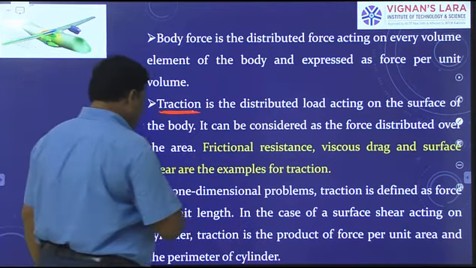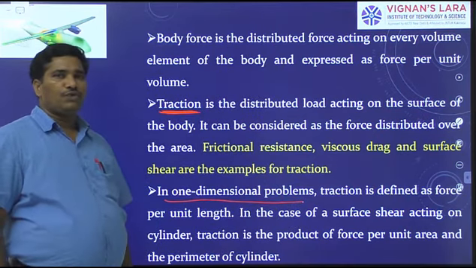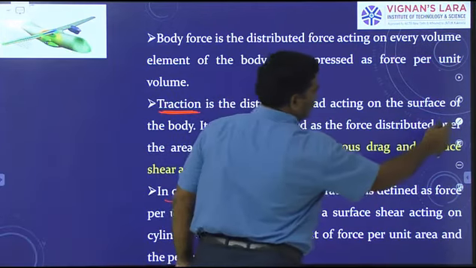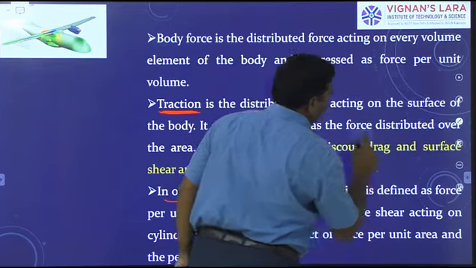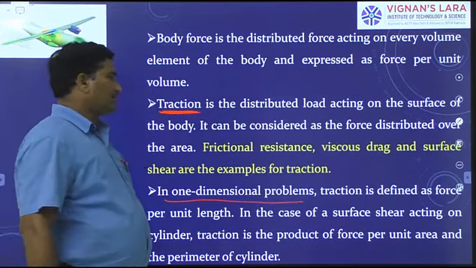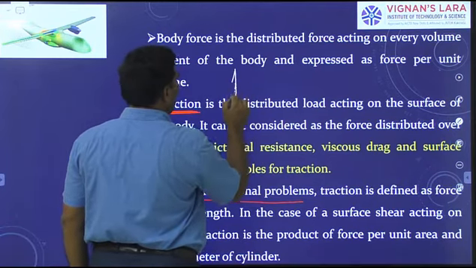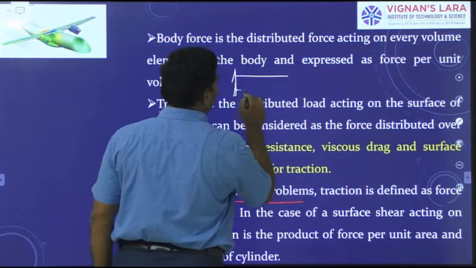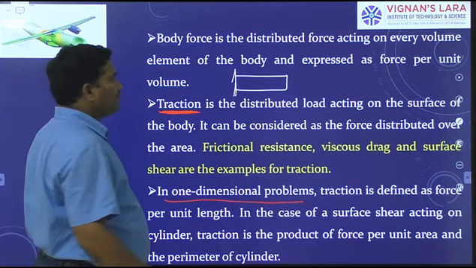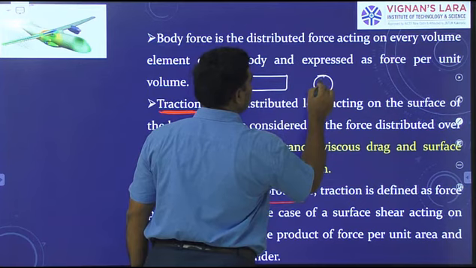Now, in one-dimensional problems, traction is considered as force per unit length, that we see now. Now, I take again a bar of uniform cross section. Okay? Uniform cross section. Assume that this has circular section, therefore this is the cross section.